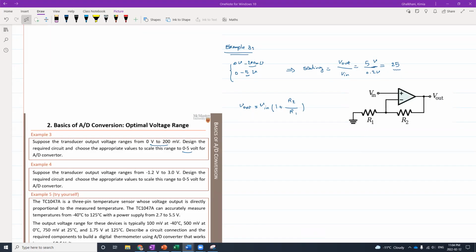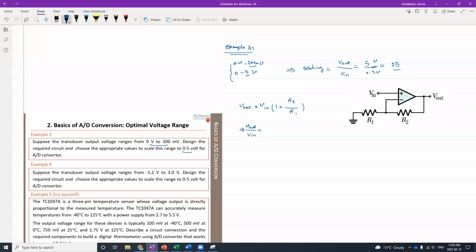So this is my R2, this is my R1. Now, from the previous one, I have V out over V in to find the scaling, and I have already calculated that to be 25 times.